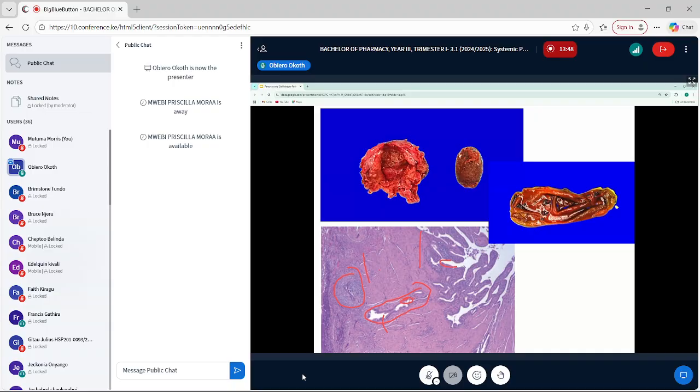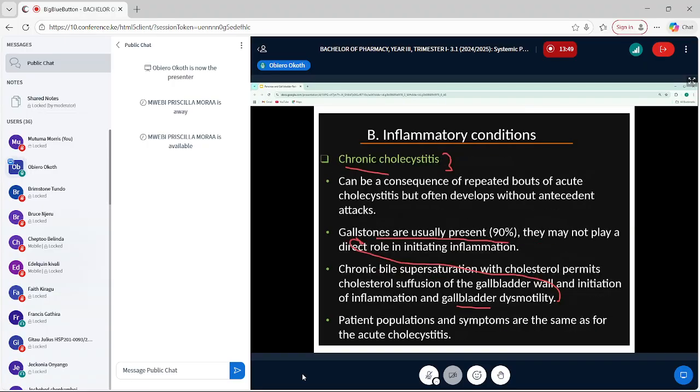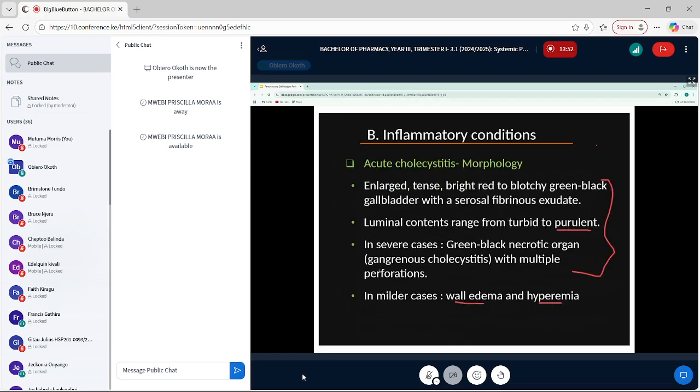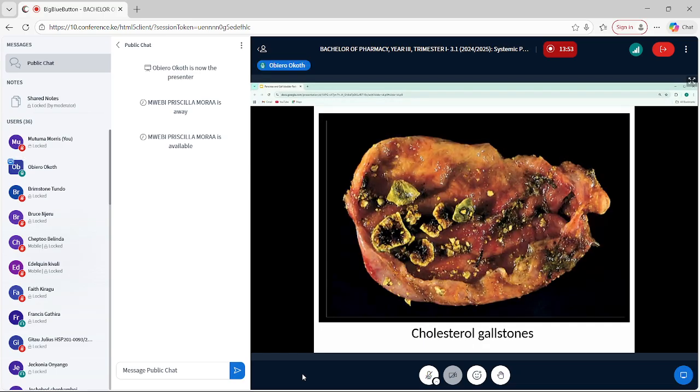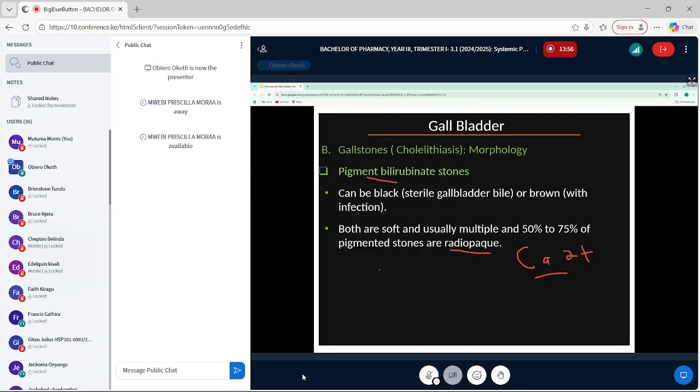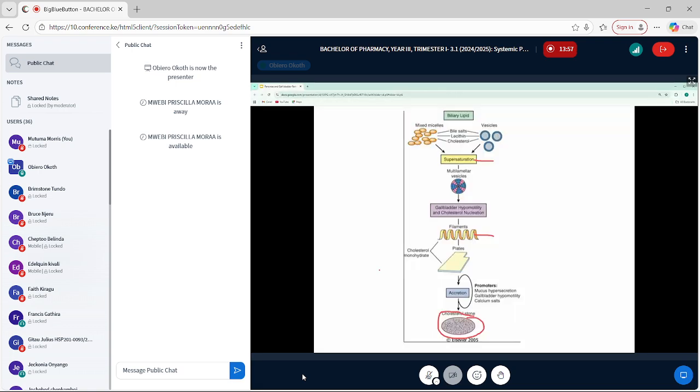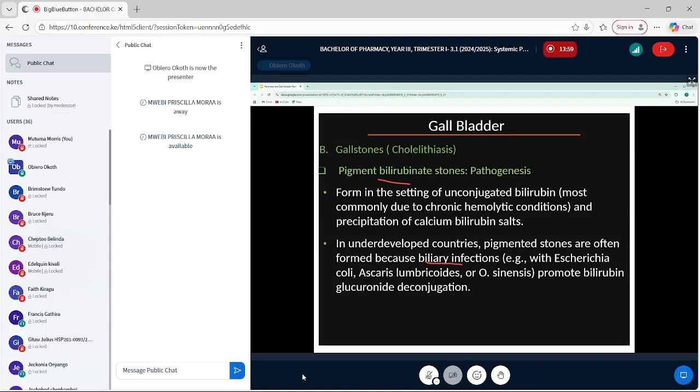But if you still remember the causes of pigment stones, like Opisthorchis sinensis, this is a parasite and it can predispose to gallbladder carcinoma and also biliary tract carcinoma.